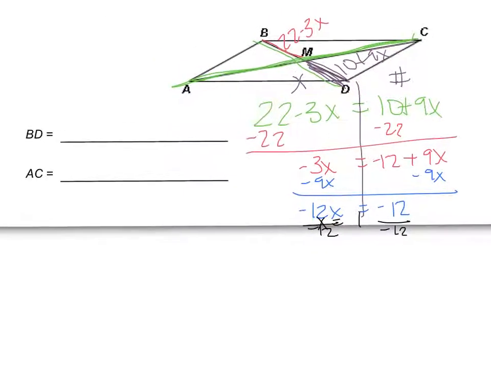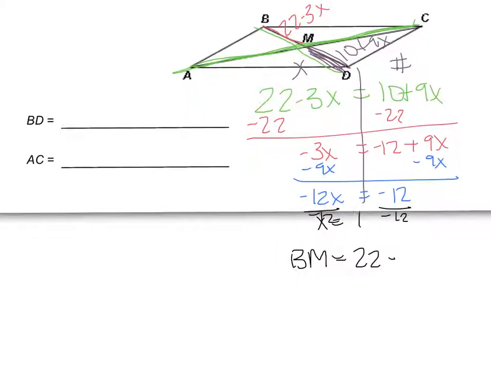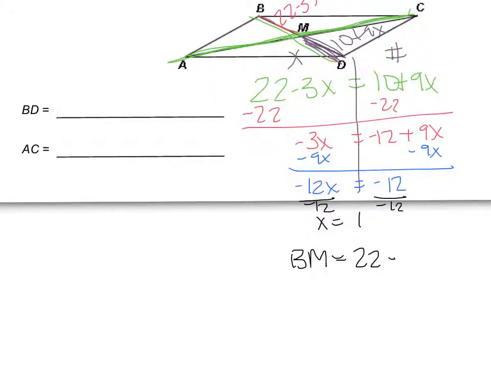So to find the length of BD, let's just start with finding the length of BM. We know that to find the length of BM, it's equal to 22 minus 3x. And we just solved and found out that x was really 1. So it's 22 minus 3 times 1, which is 22 minus 3, and that is 19.